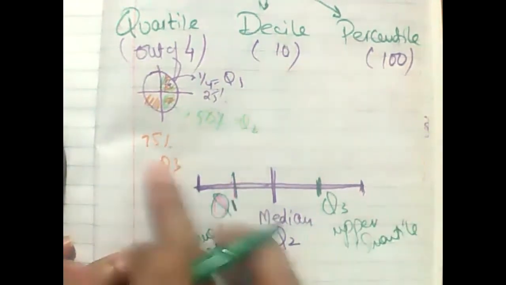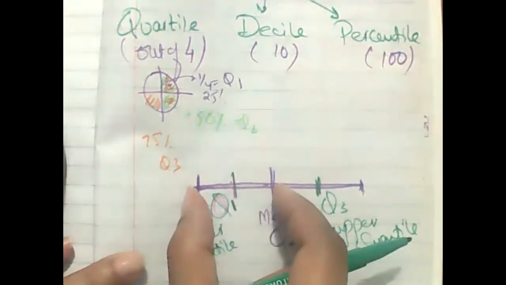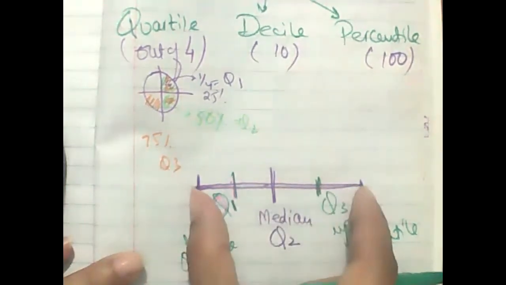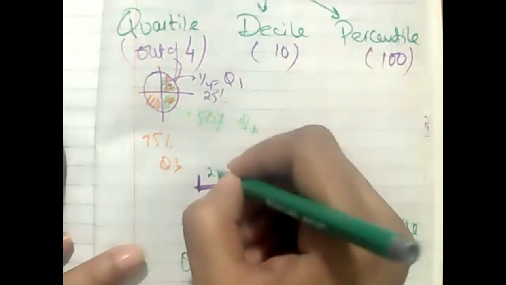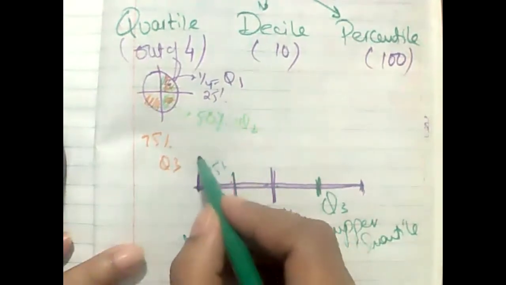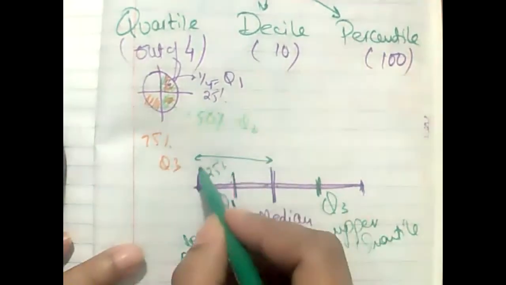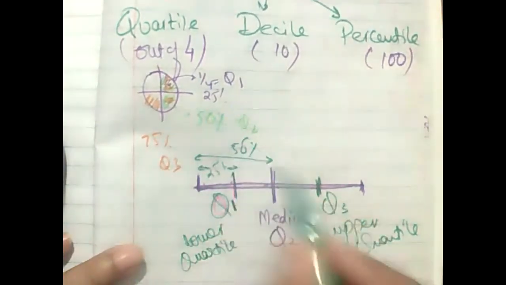So what I have done is divided the whole thing into two parts, then three parts, and the whole four. So that means it is covering 25% from here till here. This is 25%, this is 50%.